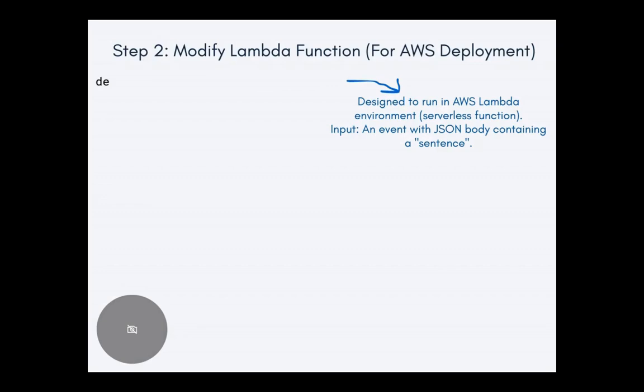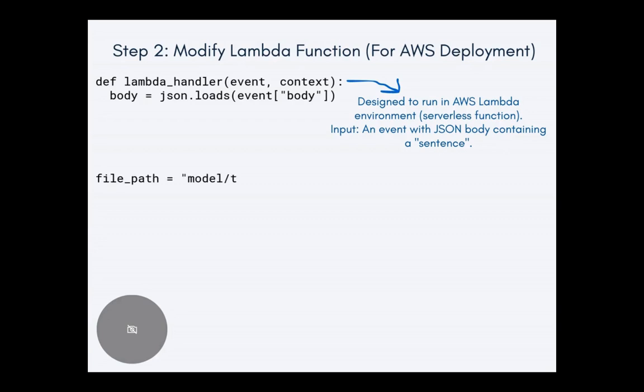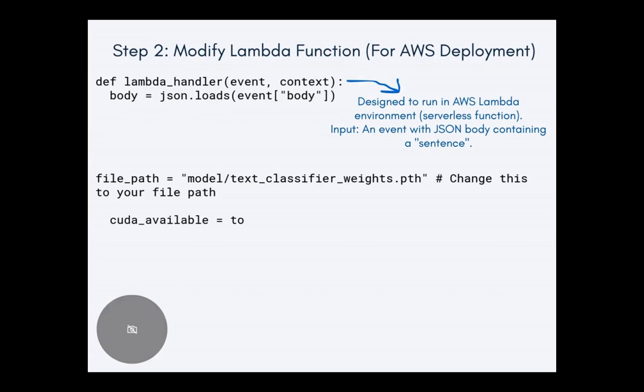Okay, so now in step two, we will try to write the Lambda handler. Whenever you are writing a Lambda handler within the app.py, you are actually using an event and context. It's designed to run in an AWS Lambda environment, that's the serverless environment. And the event is basically a JSON body containing a sentence in this case.